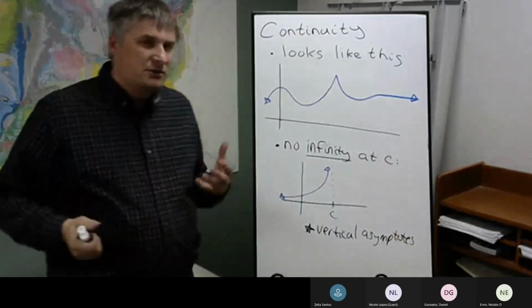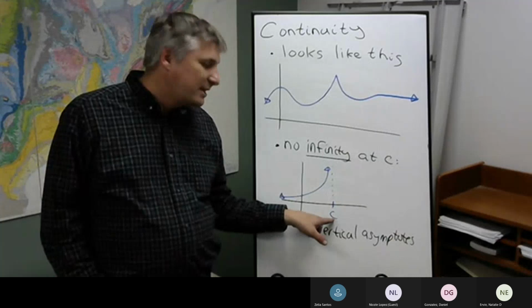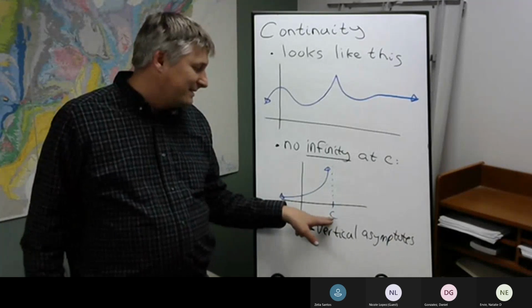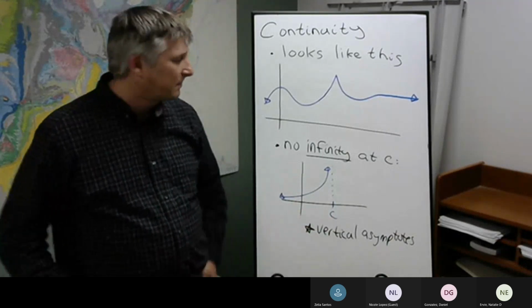So the idea is a function is not reaching for infinity at some particular point. This would be a discontinuity at point c.